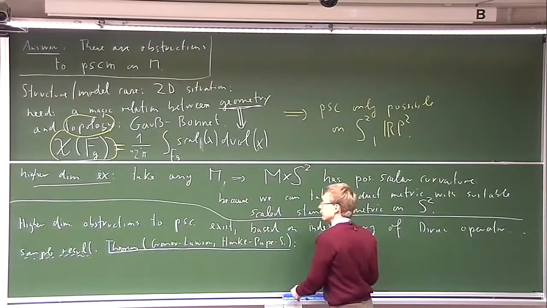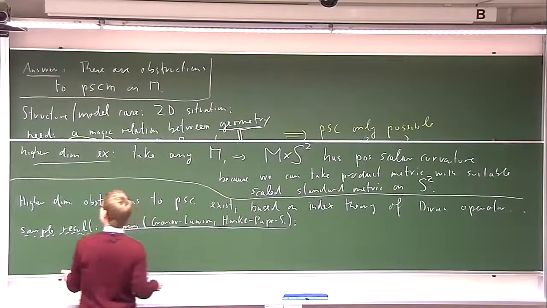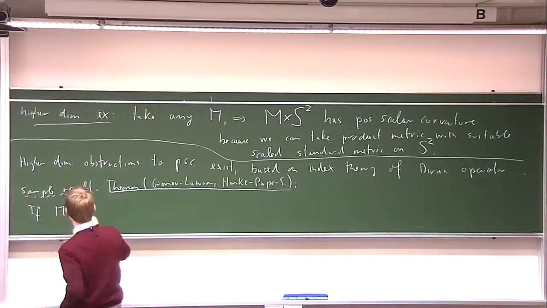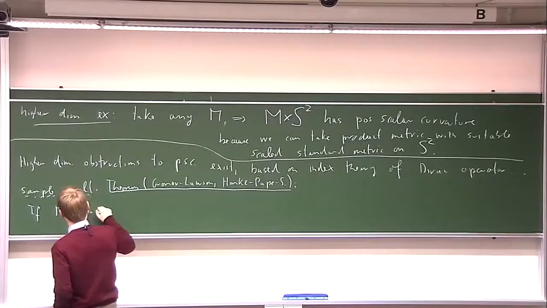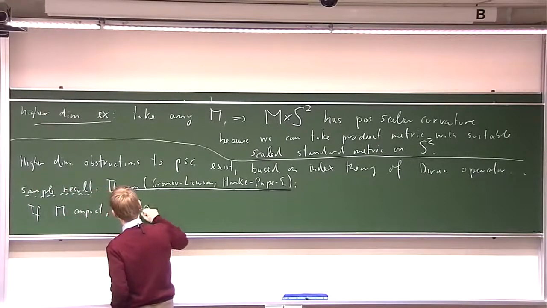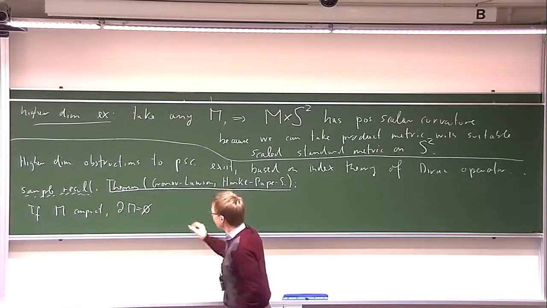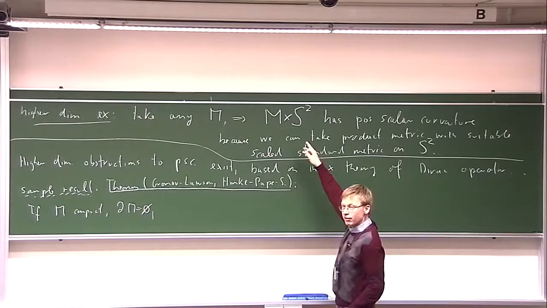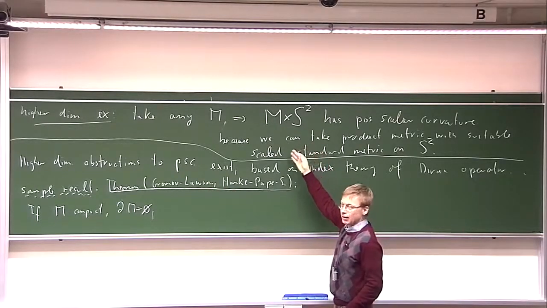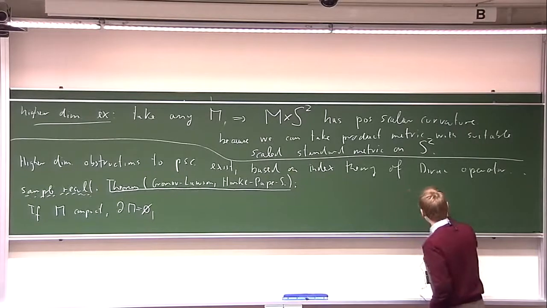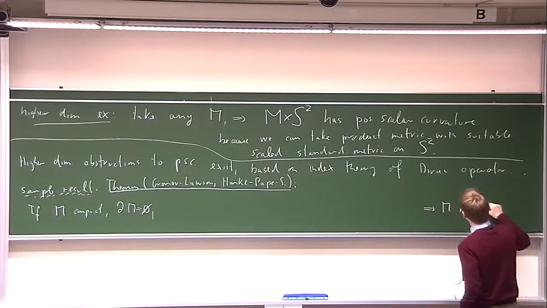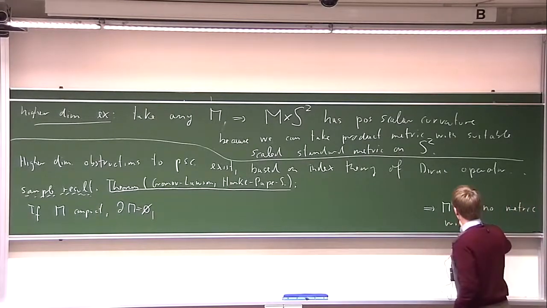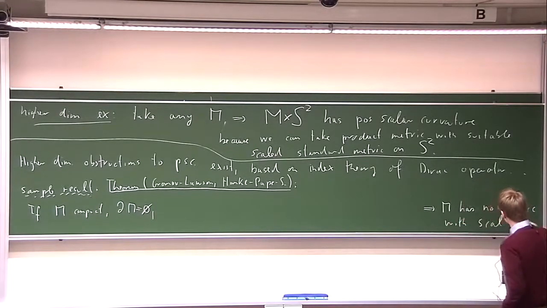So the situation is the following. If M, as above, so compact, no boundary, now I have to add a couple of conditions. So this annoying S2 there, we should somehow avoid, right? I mean, the conclusion will be when M has no metric with positive scalar curvature everywhere.